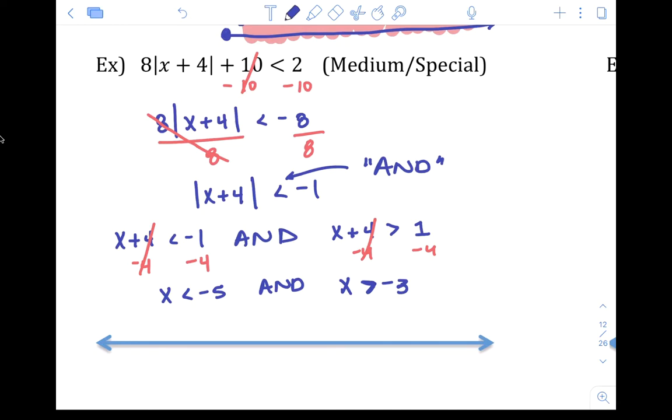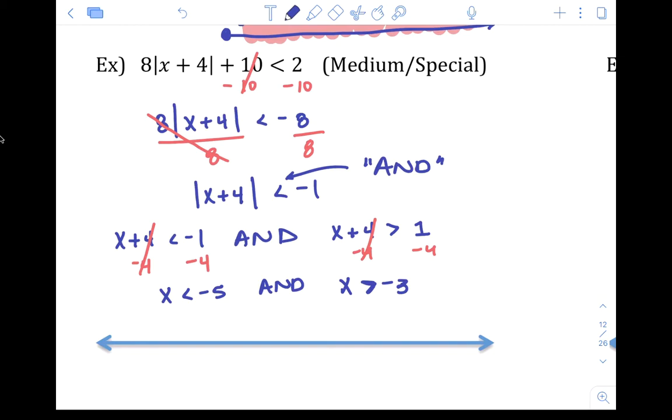If you stop and think about that, and you know that an and is the overlap, the shading's not going to overlap. I'll still prove it, but I want you to catch on that there is not a number on the entire number line that is going to be less than negative 5, to the left of negative 5, while at the same time being greater than negative 3, to the right of negative 3.